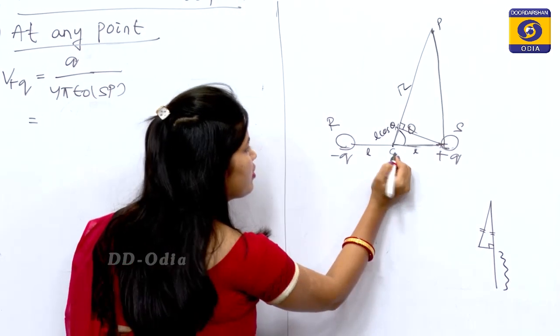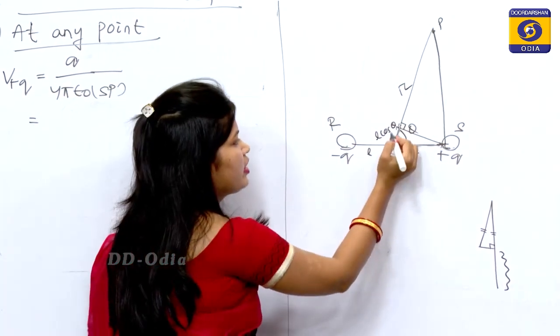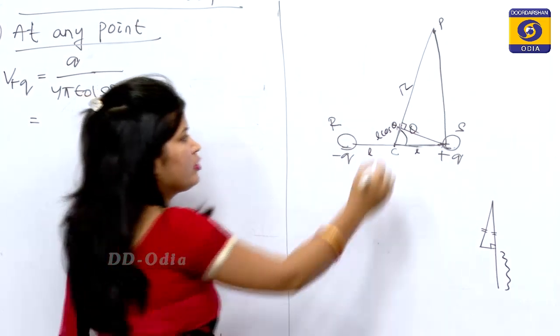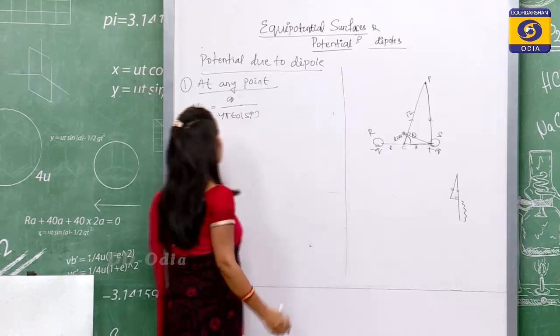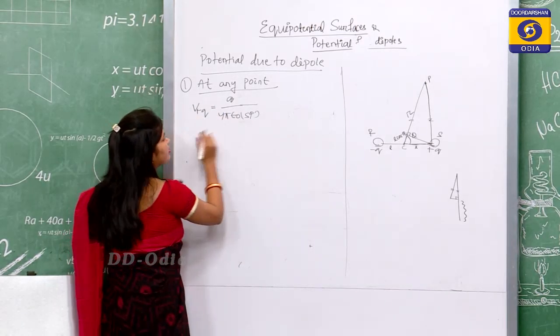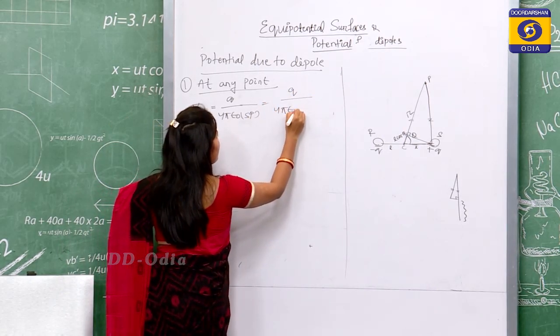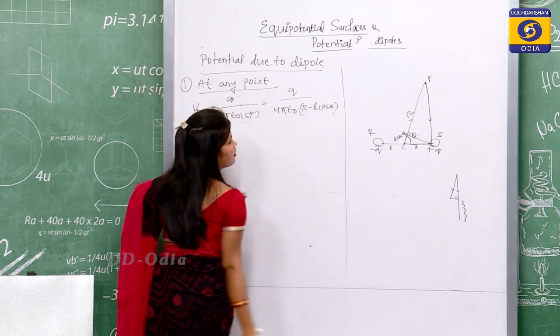CP distance is r, and this is L cos theta, so NP distance is r minus L cos theta. This distance is equal to the SP distance. So, I can write the potential as q upon 4 pi epsilon naught times (r minus L cos theta).